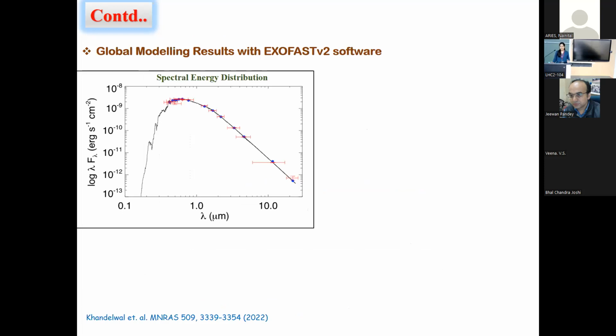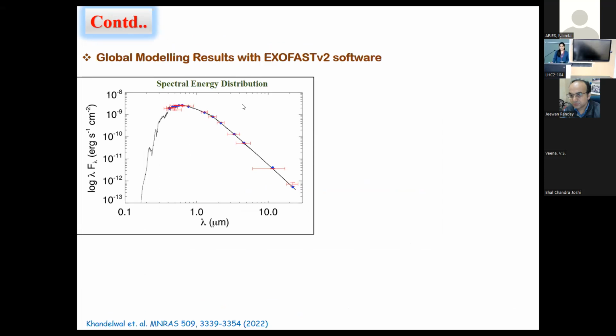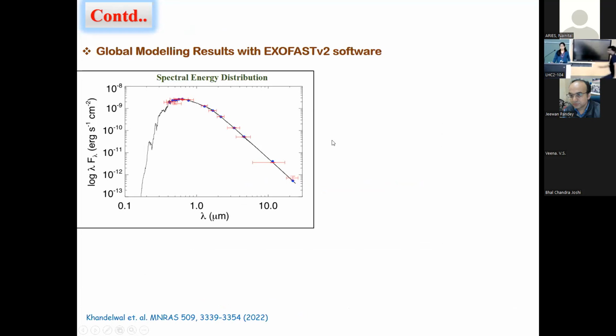So to characterize the star and planetary system, we did the global modeling with the ExoFastv2 software, and for that we did the spectral energy distribution, SED, modeling.